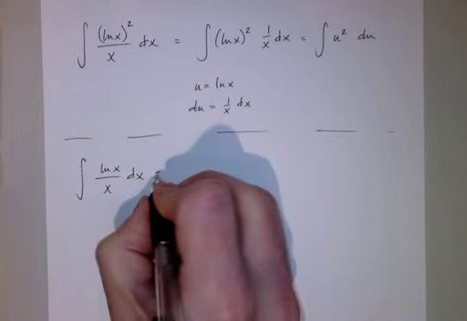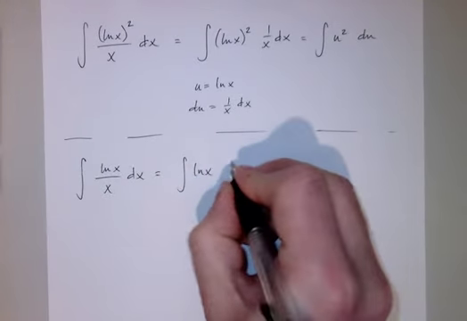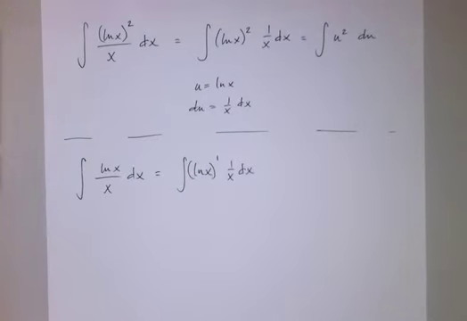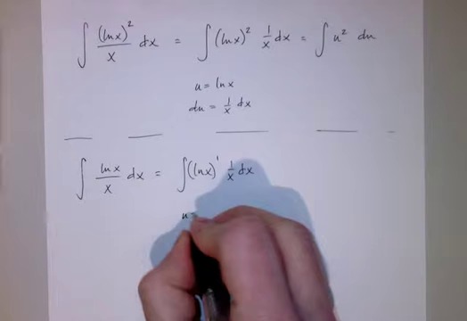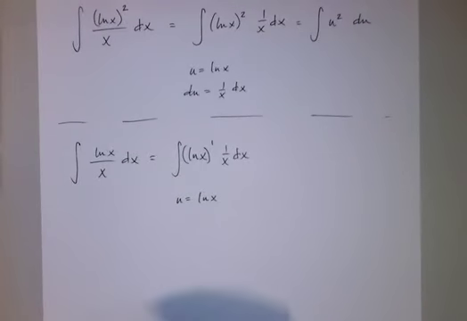Well, let's put it that way, is it any less legitimate to do it this way and to think of it as natural log x to the first? And no, that's exactly how you need to think about it, because this one as well, it is still u being my natural log x.